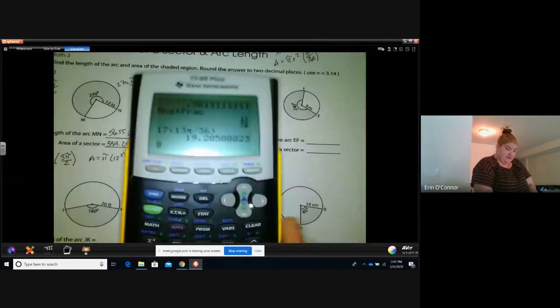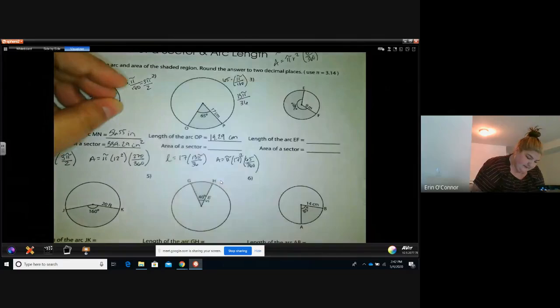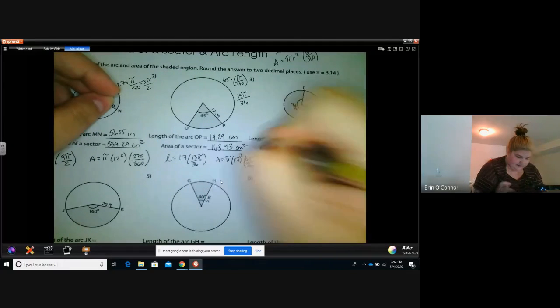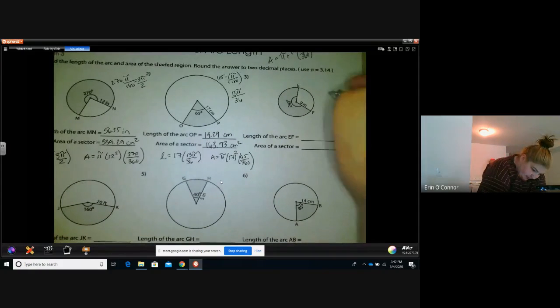And for the next one, it's going to be pi 17 squared, 65 divided by 360. And I get 163.93 centimeters squared. Okay. Well, let's keep going. Length of the arc of EF, so we have 240 times pi over 180.